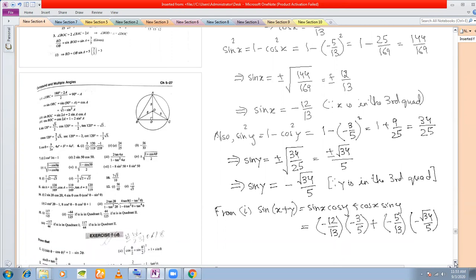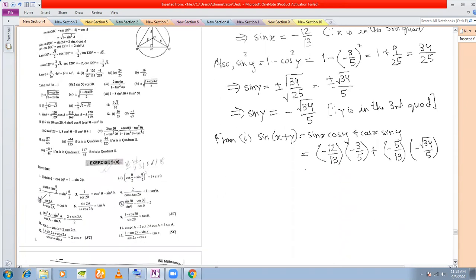Okay, so what happens here is you get 36 by 65 and you get, sin y will be minus, because y is in the third quadrant, where sine is negative.